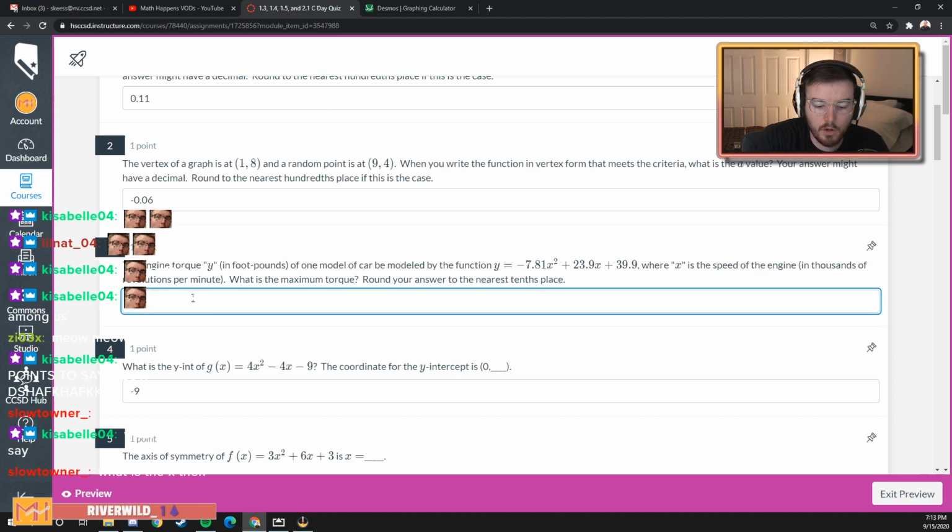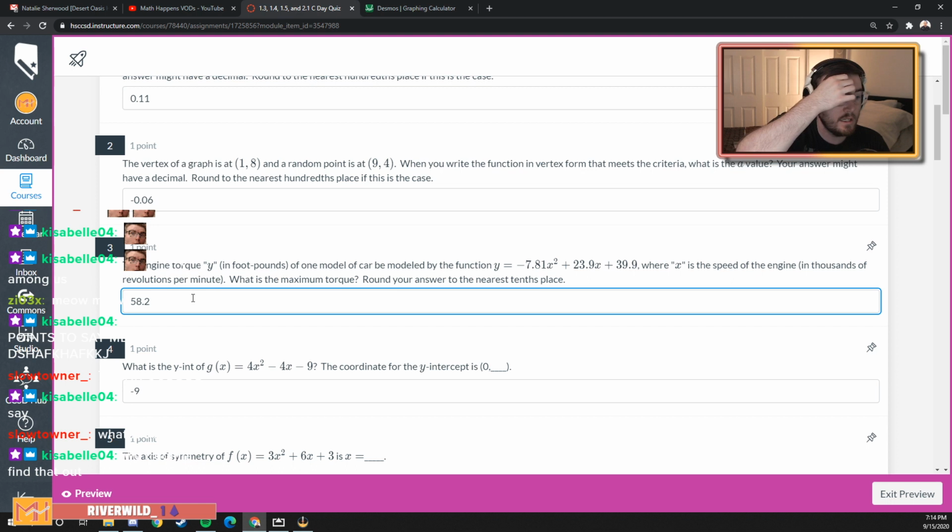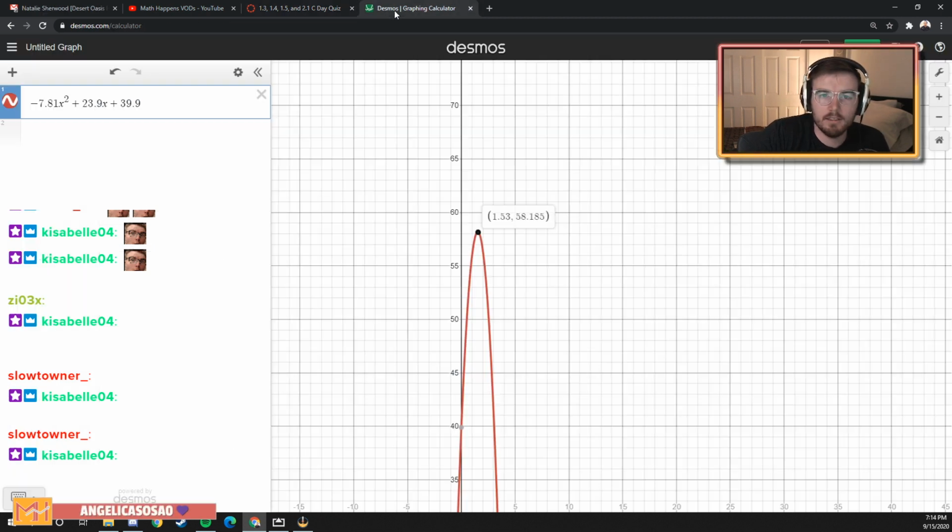The other side of the coin, when this was in the homework, this just asked for the y value. I'm done with the question. But I think I have both versions of the question randomly chosen for the quiz. So you might get the other side of the coin. It says, what speed maximizes torque?